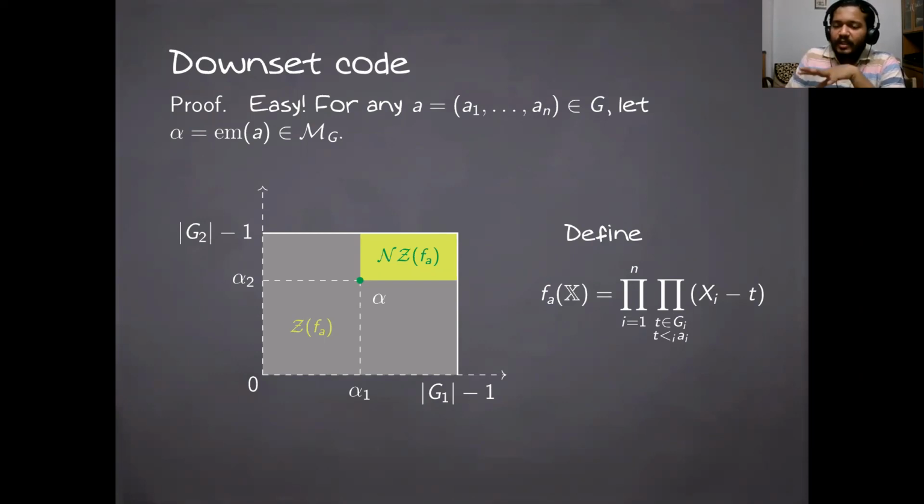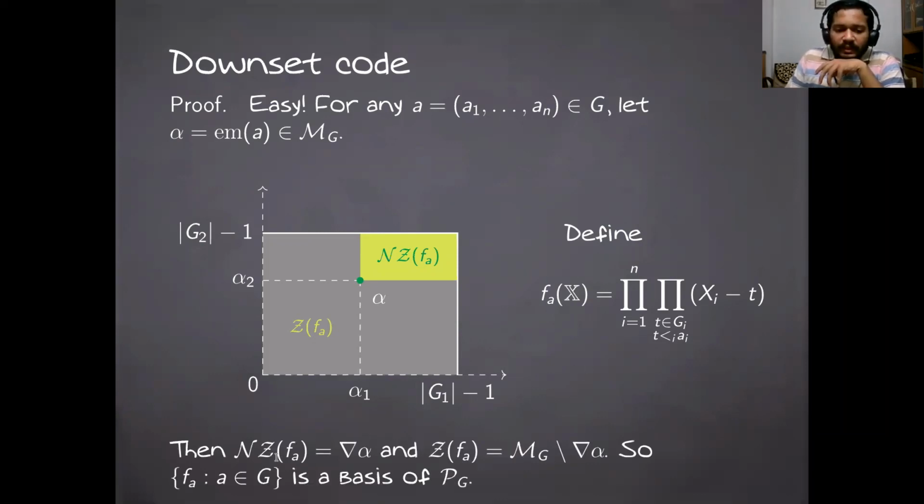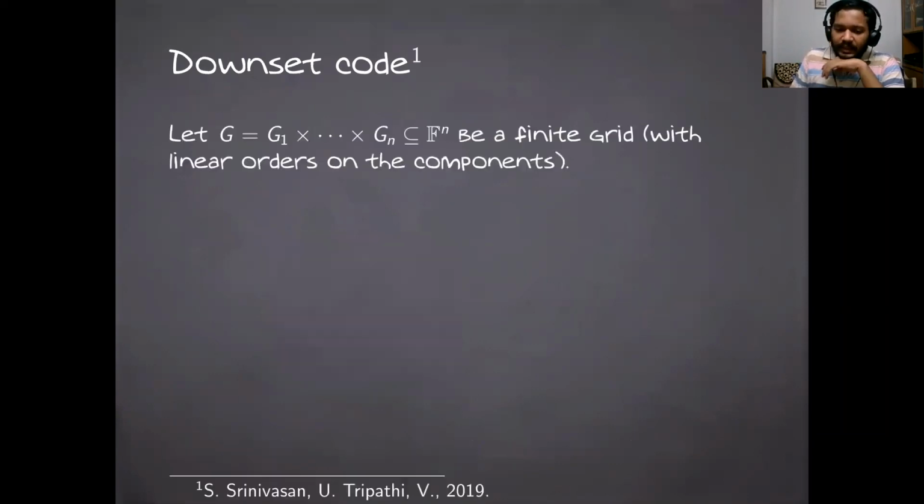So it's just a product of linear factors. But the neat property of this polynomial is that the non-zero set is exactly the shade of alpha, and the complement of this shade is the zero set. These are analogous to step functions in the univariate case. So they will span all functions on the grid and this will form a basis.